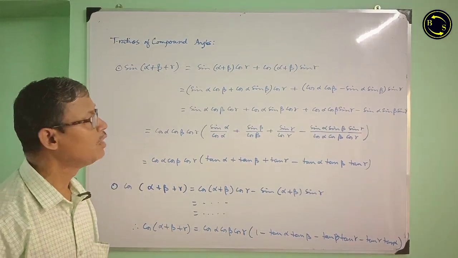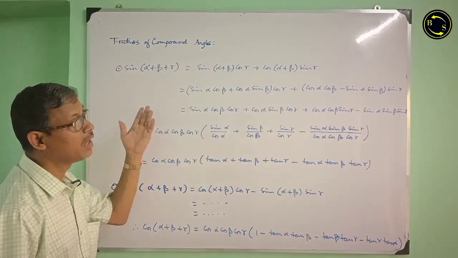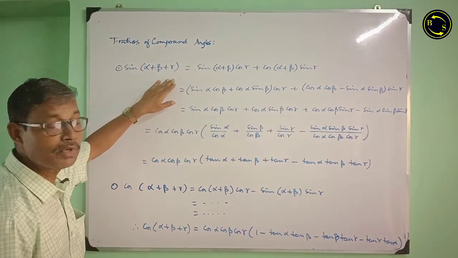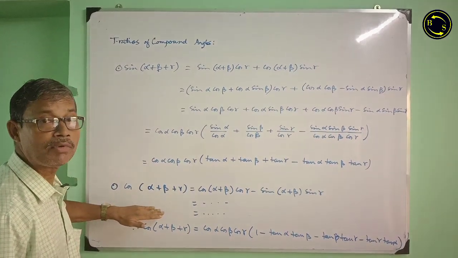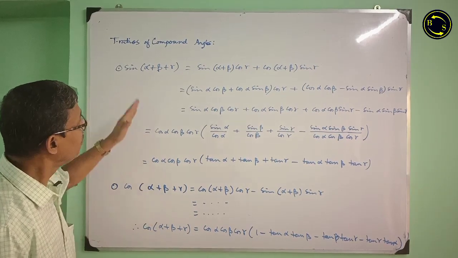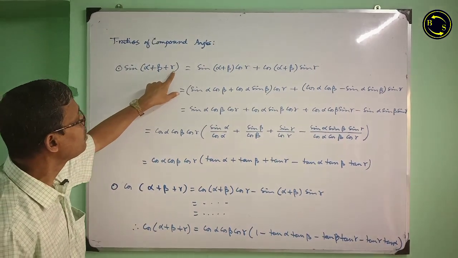Now we are going to deduce the identity for sine of alpha plus beta plus gamma and cos of alpha plus beta plus gamma.